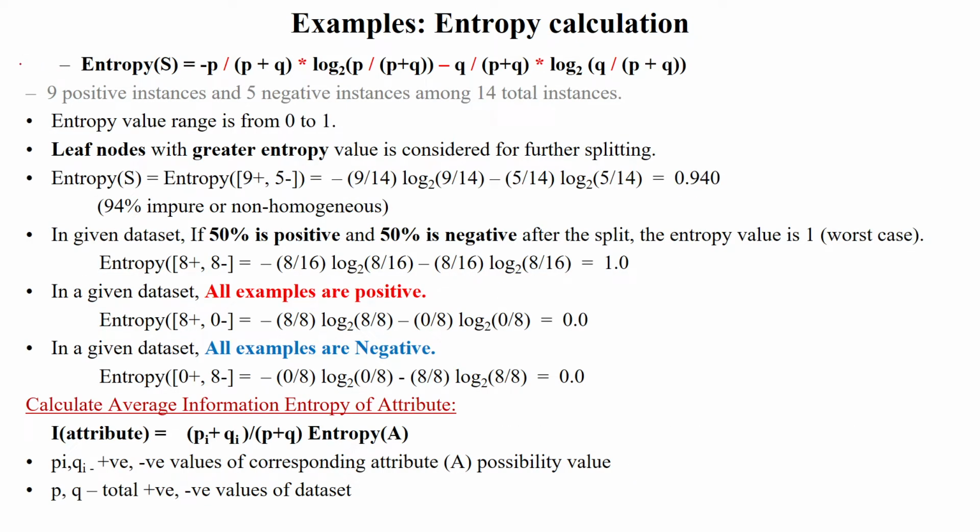We have already discussed the formula for calculating entropy: minus the number of positive samples divided by the total number of samples in the given data set, multiplied by log base 2 of the number of positive samples divided by the total number of samples, minus the number of negative samples divided by the total number of samples, multiplied by log base 2 of the number of negative samples divided by the total number of samples.